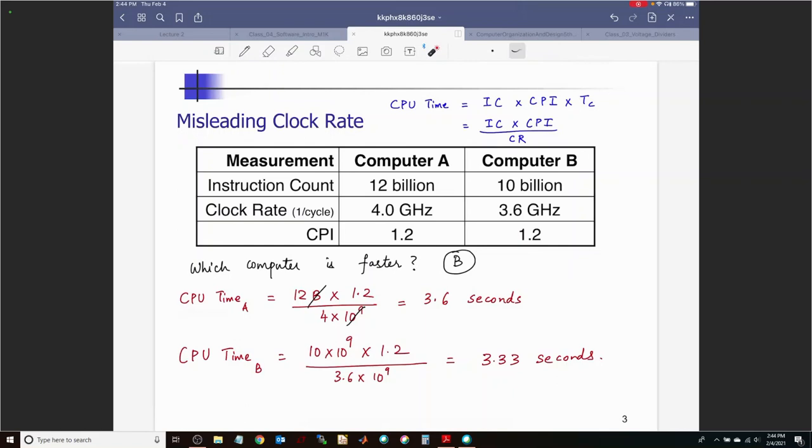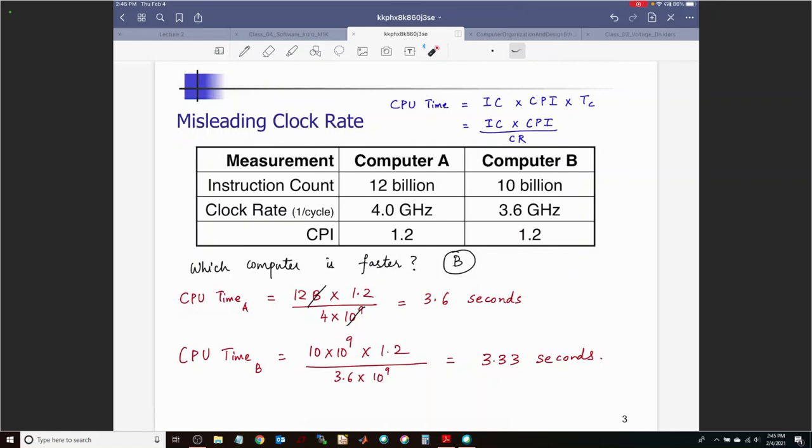So it gives us the measure of amount of time taken to start and finish a particular program. So clearly, smaller the amount of time, if it is less, that indicates it's doing things faster. So that's how it relates to a faster computer. So in terms of metric, we use execution time, which is also called response time.